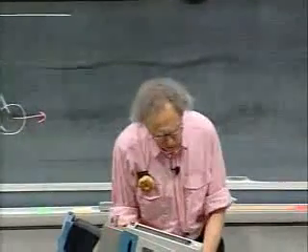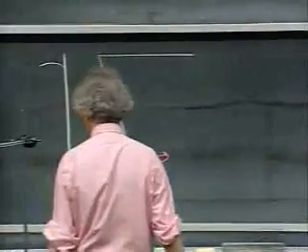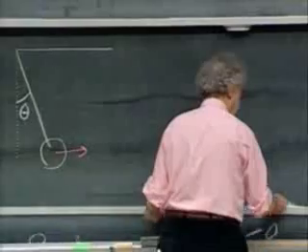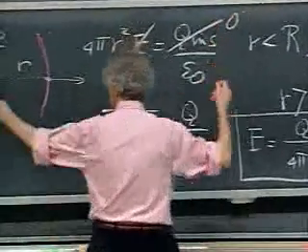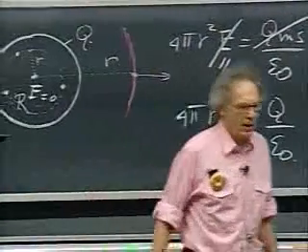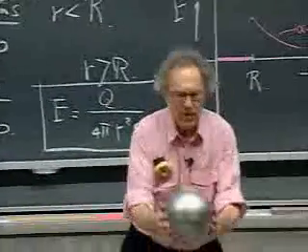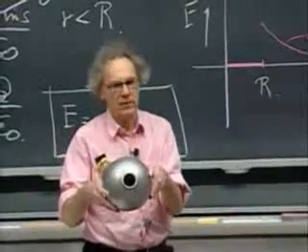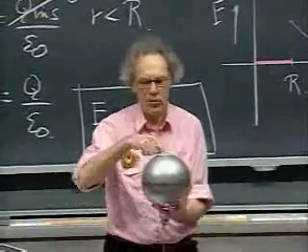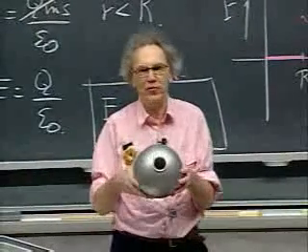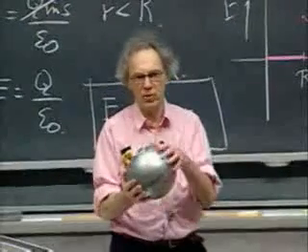The second thing I want to show you has to do with the fact that the electric field inside a uniformly charged sphere is 0. Here I have a sphere which is not entirely closed. I can't make it closed because I want to demonstrate to you that there is no electric field inside when I charge it uniformly.